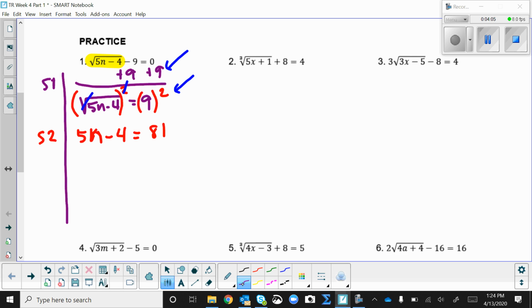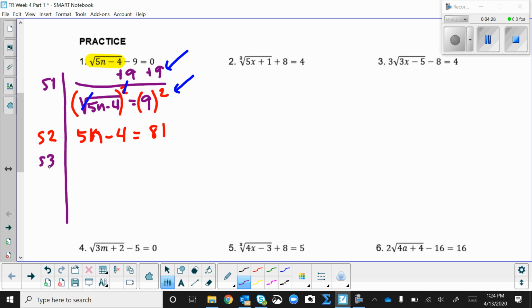And then the last step is to solve. So this step means now you're switching away from radicals and you're just using your regular equation solving skills. We're trying to isolate the n and get it all by itself. Right now there's a times 5 and a minus 4. Which one do we have to undo first, times 5 or minus 4?